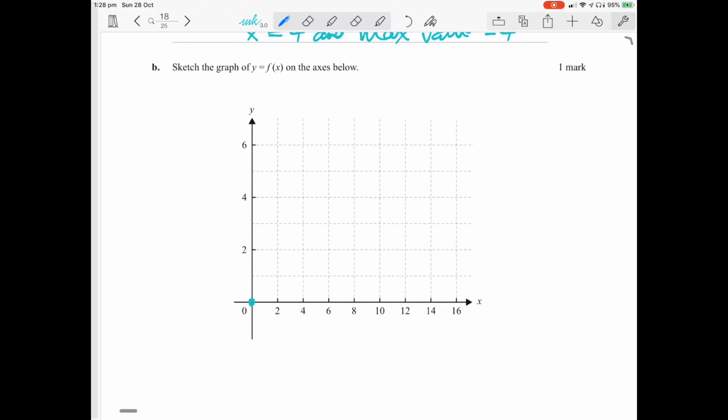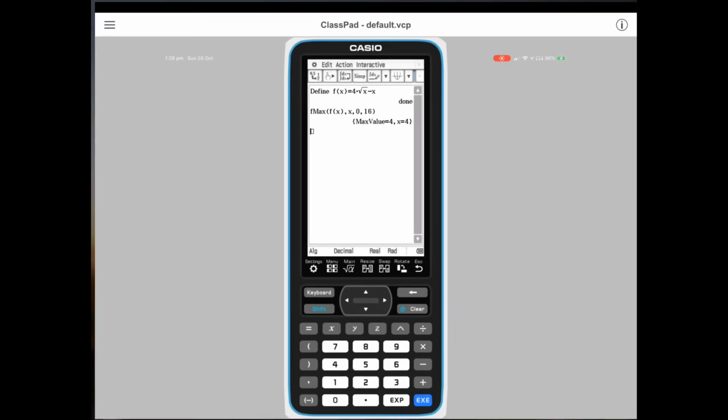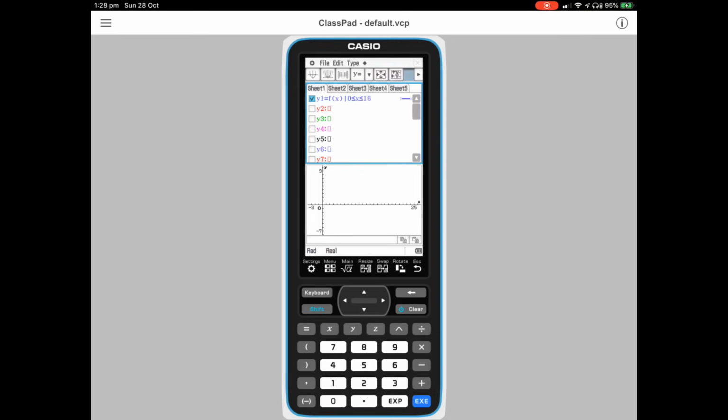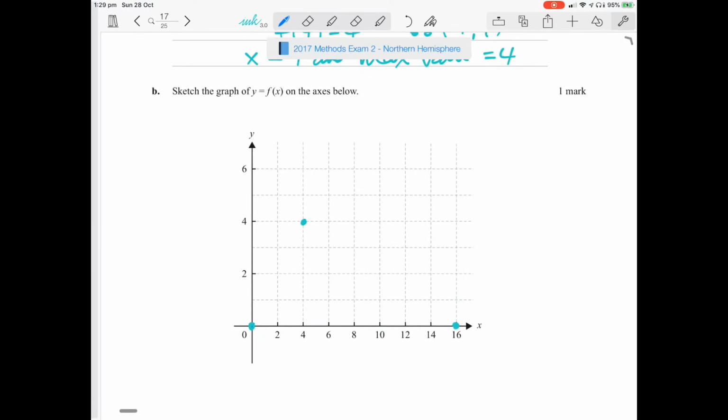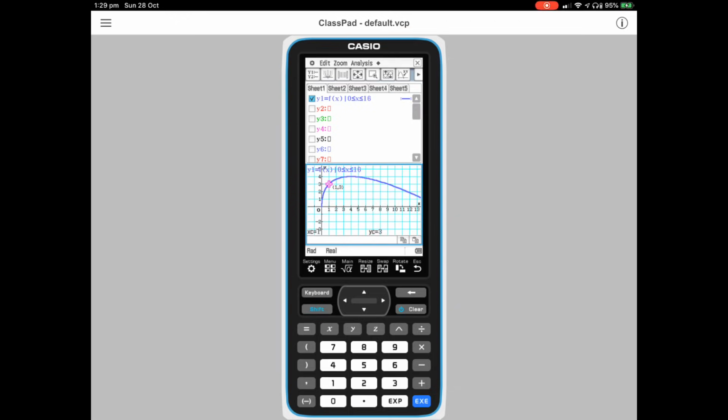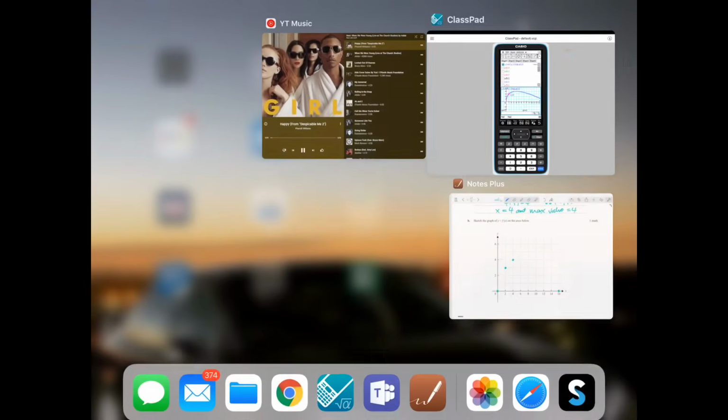Sketch the graph. So when that went through 0, 16, 4, 4, that's a maximum. I'd probably trace it a little bit. So 1, 1, 3, 9, 3.